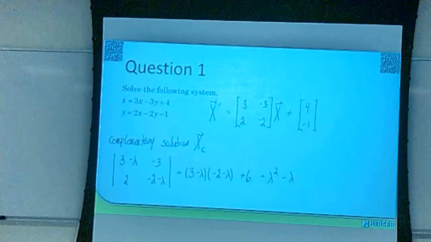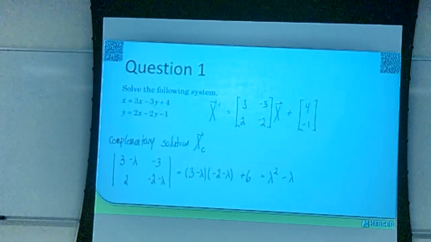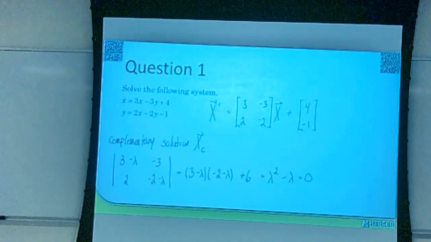Oh, minus 6 plus 6 is 0. That's nice. Zero and 1 are the two eigenvalues.